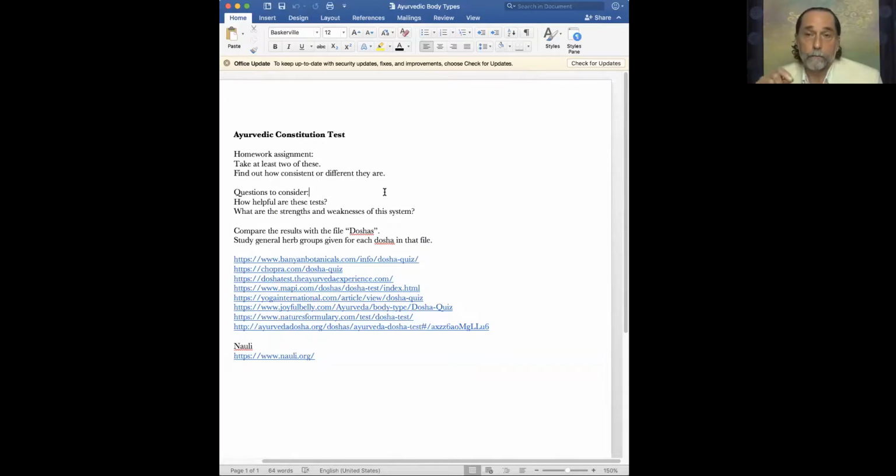Because there are some real benefits of knowing your constitution using this particular perspective, but at the same time, there's some real limitations of it also, okay? And I'm also going to show you another file that comes with this that gives you even more information than you frequently find. And it also links it to main categories of herbs.